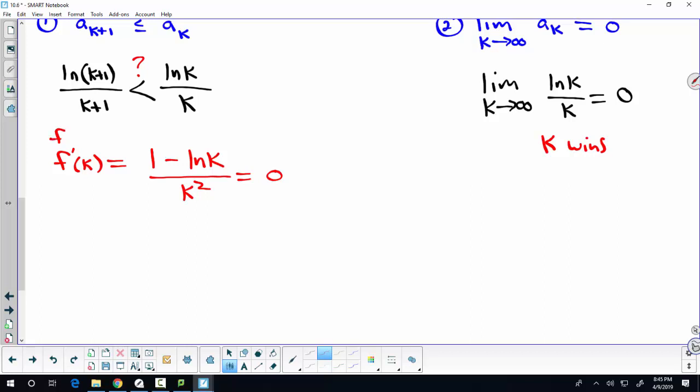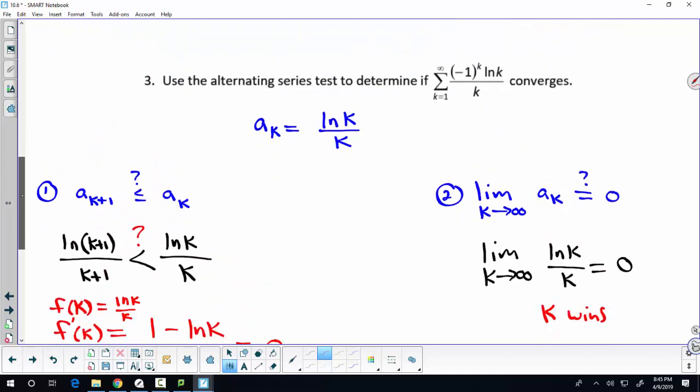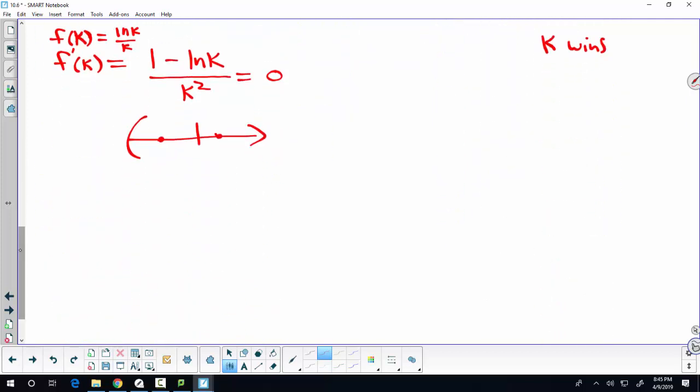Well, yeah, it's a valid question. a sub k is ln k over k. So we've got to find where the derivative is 0, right? And then you test here and here, where our sum is from 1 to infinity. Just after some point, it has to be non-increasing. So if this is negative out here, then we've shown that it's a non-increasing series.